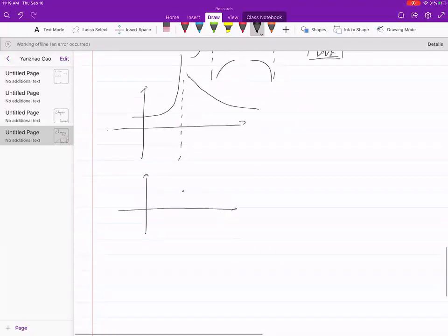Let's not talk about the infinity case. Let's talk about a number case. You agree, on the left you approach this number faster, and on the right you approach this number slower. But do you feel comfortable that it's still okay to say the limit is here, even though you go to the limit at different speeds?